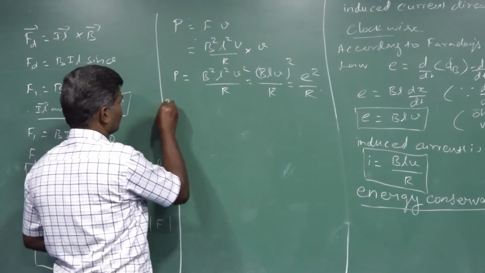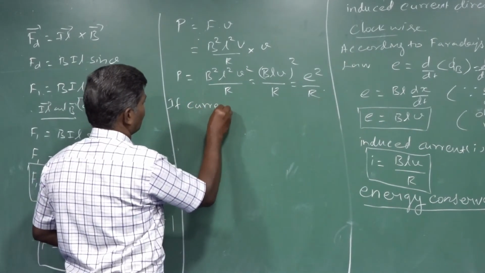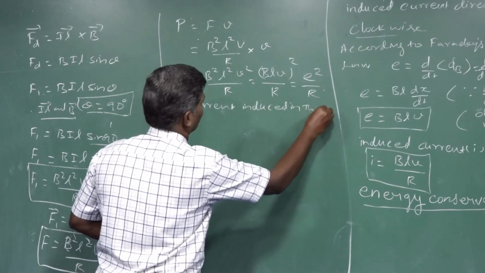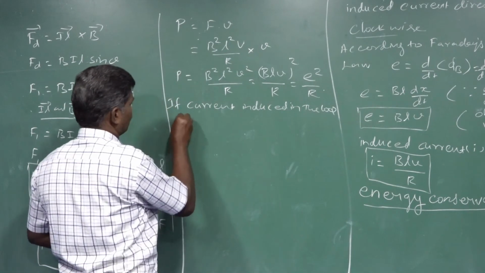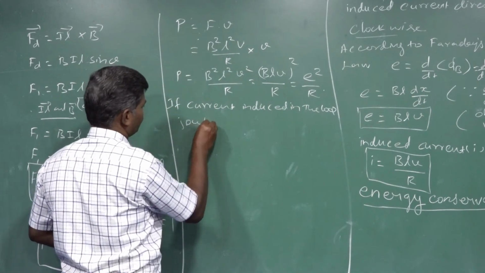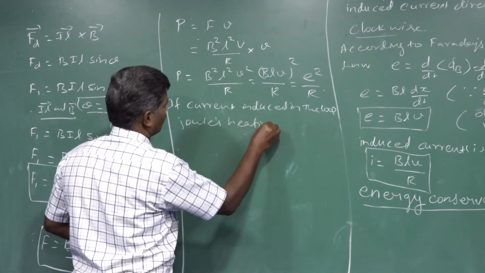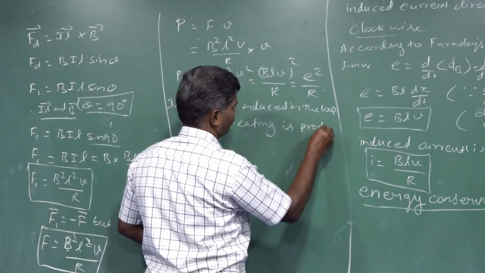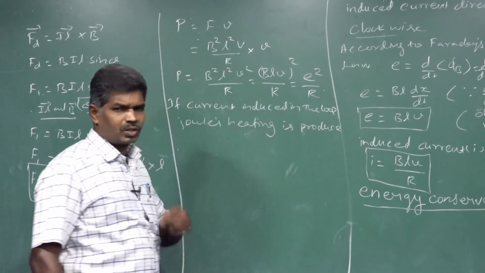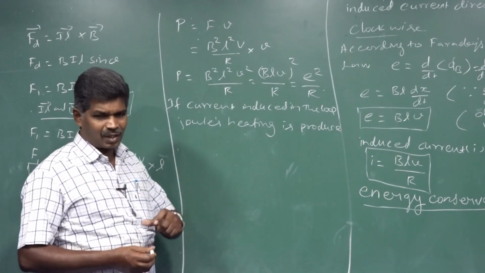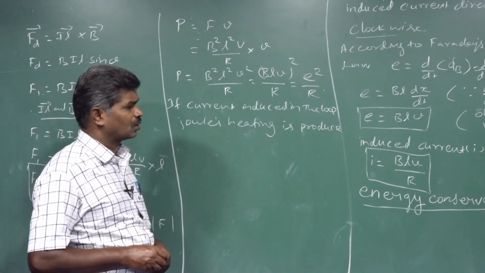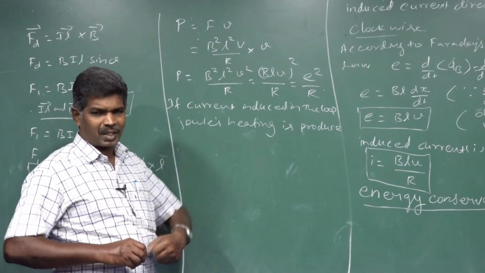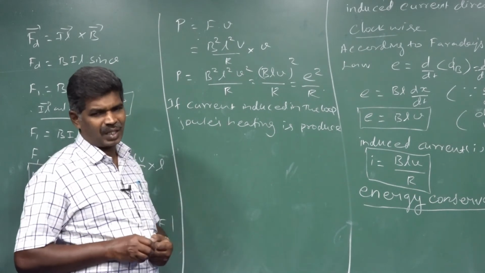If current is induced in the loop, Joule's heating is produced. So that's why thermal energy is going to be produced. So how we can produce the thermal energy means our mechanical energy is going to become a thermal energy.